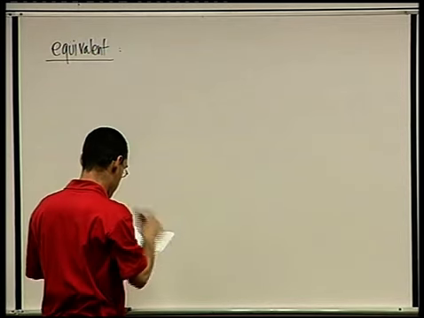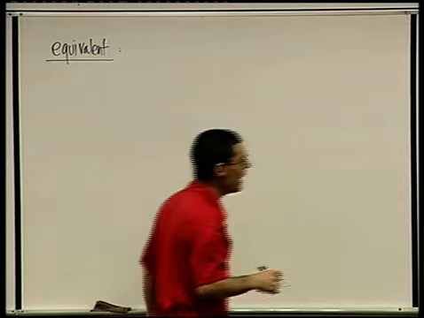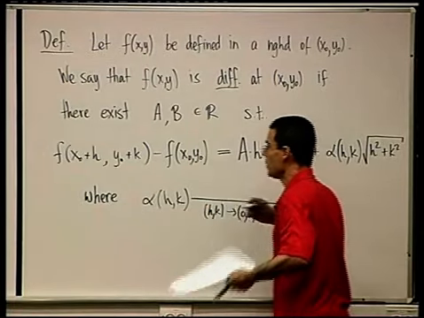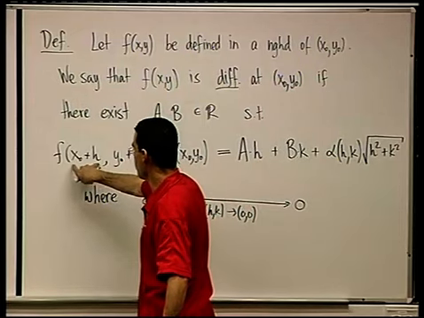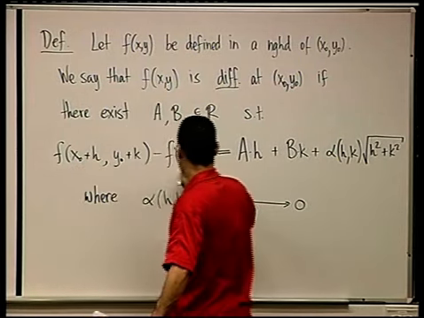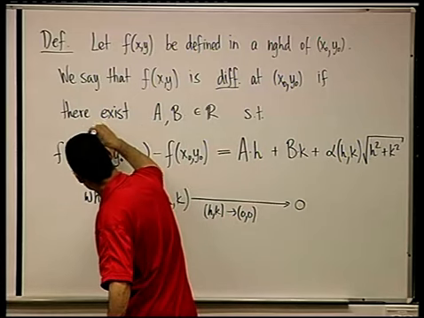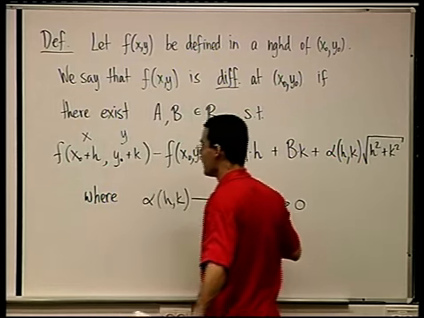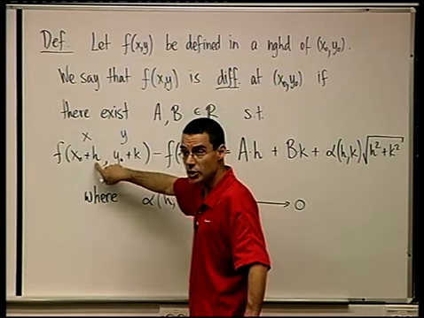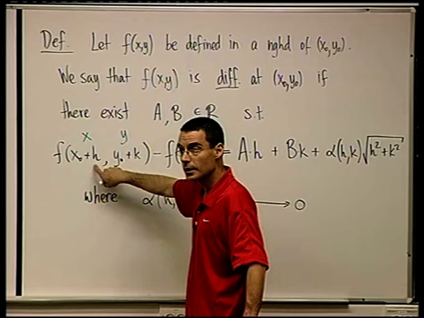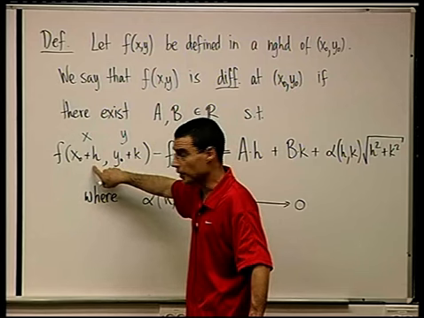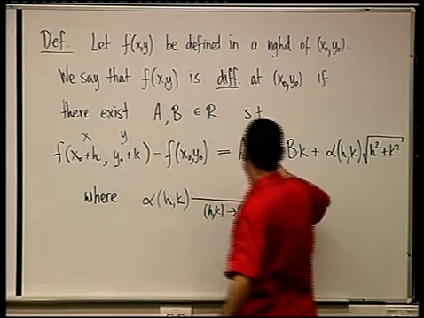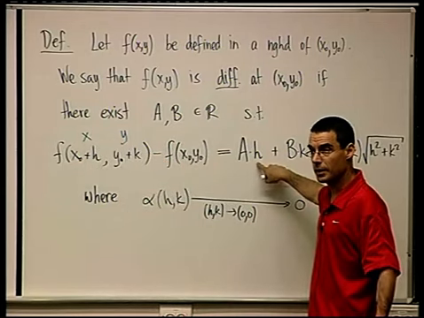So let's go back to the definition we wrote here. Sometimes you'll see, instead of writing x0 plus h and y0 plus k, that this is called x, and this is called y. And then what is h? Just like in single variable, if I replace x0 plus h with x, then what do I need to replace h with?